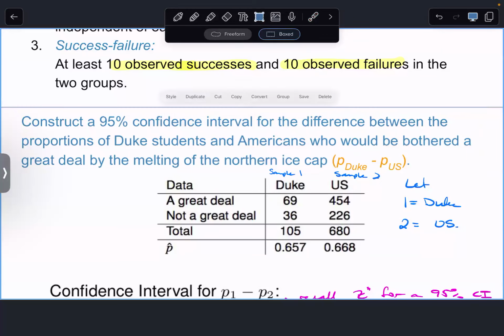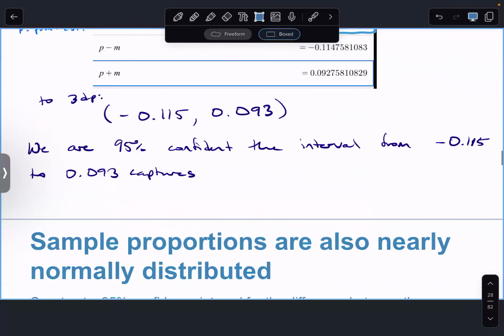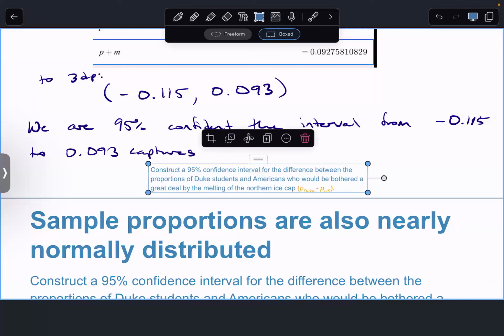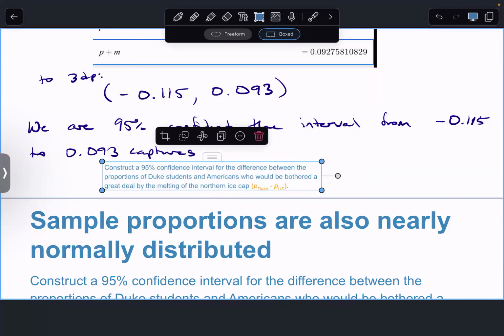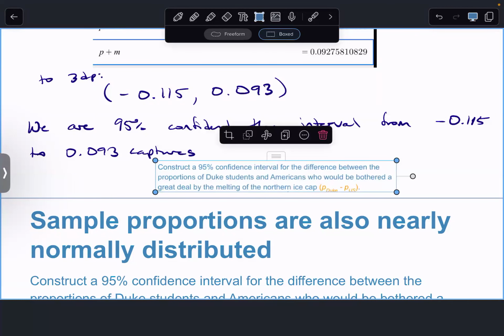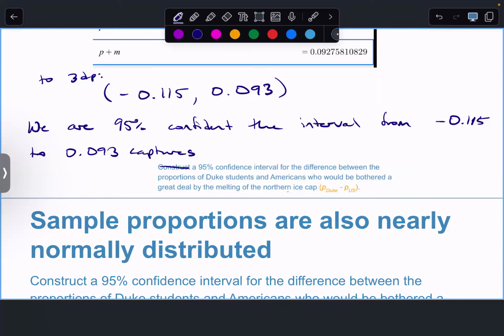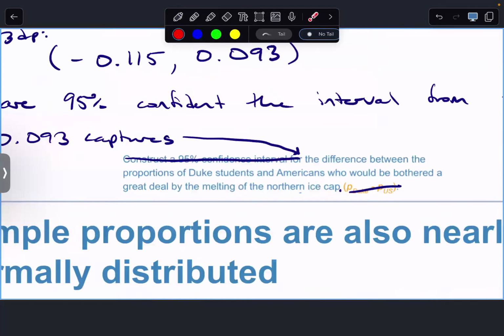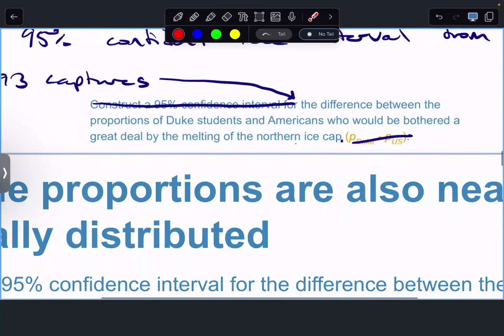So let me just snag this and put it down here. Captures the difference. And you don't need to introduce the population proportions there, but you can keep them if you want. The difference between the proportion of Duke students and Americans who would be bothered a great deal by the melting of the northern ice cap.